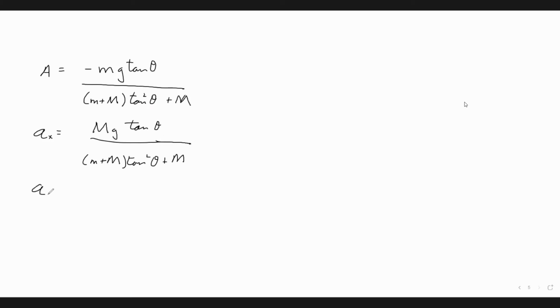And little ay is minus little m plus big M, g tan squared theta over little m plus big M tan squared theta plus big M. Okay.